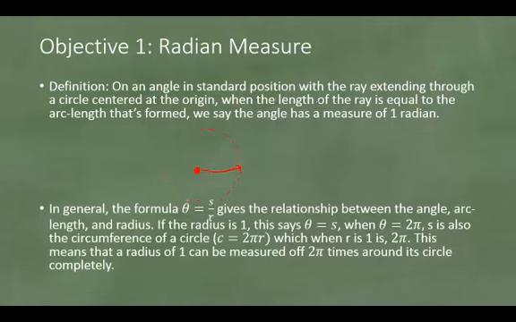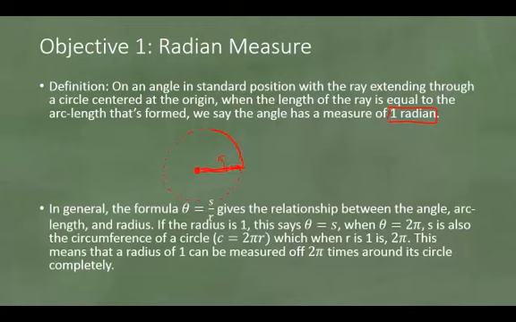When this ray is moving in the counterclockwise direction, when the length of the ray is equal to the arc length, in other words, when this length is equal to how much it's extending on the arc, then we say that the angle has a measure of 1 radian.